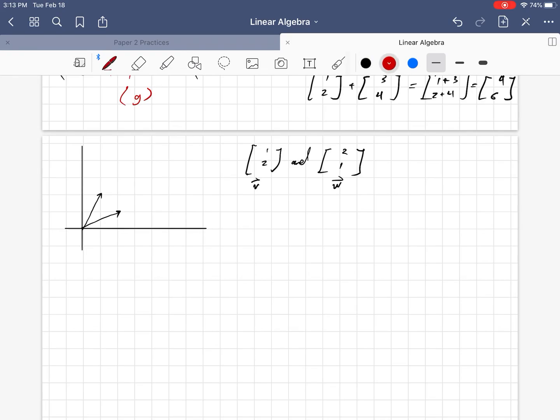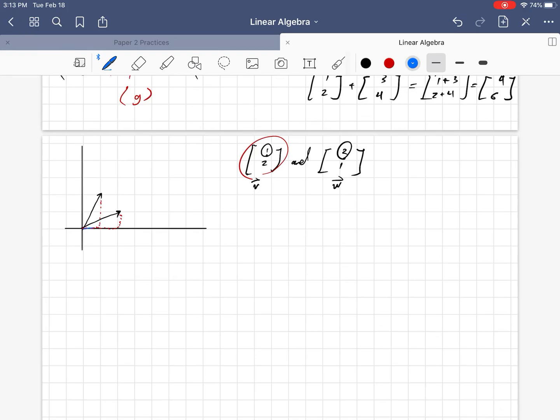The way I always think, and it always works nicely in my mind, is to just break them up into components. That's what is nice about this form, it tells you the component magnitude right away just by looking at it. So, breaking them up into components, we have an x component of magnitude 1 along the x-axis, the i hat direction, on vector v, and an x component of magnitude 2 on w.